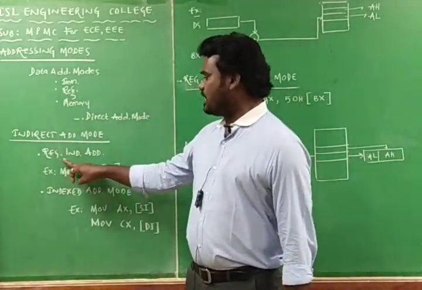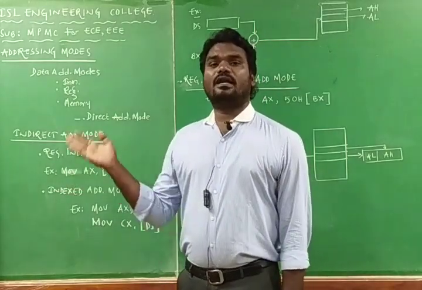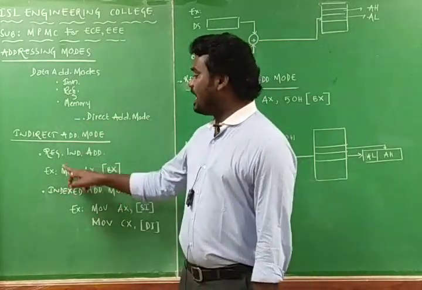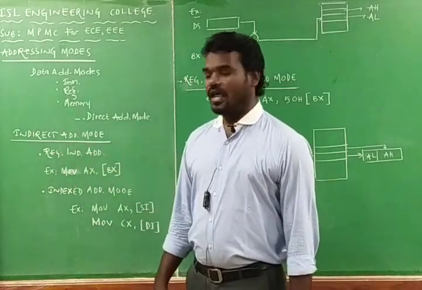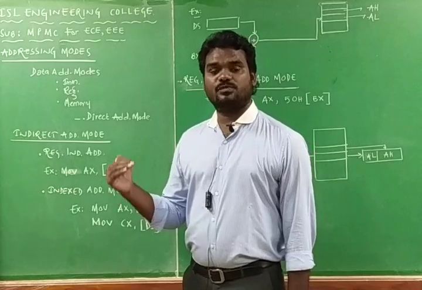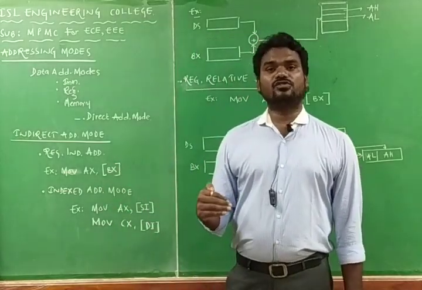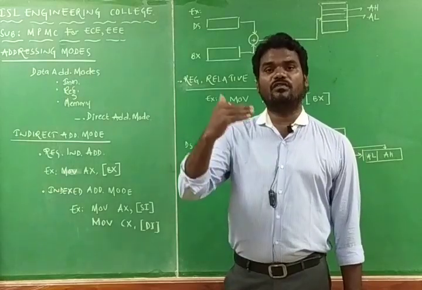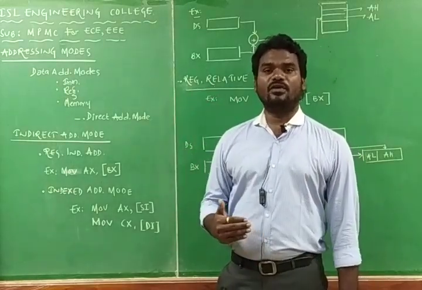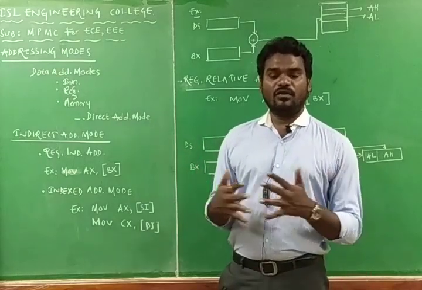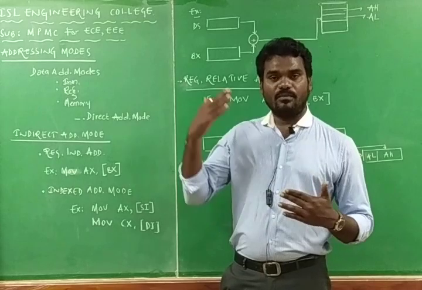The first one is register indirect addressing mode. That means the offset address is specified in a register. That register is located in the execution unit, so the execution unit gives the offset address to the bus interfacing unit, where both are added together to generate the 20-bit physical address of a memory location.